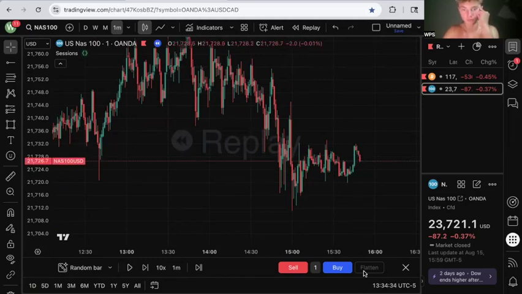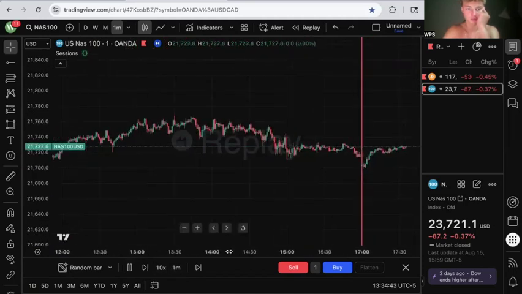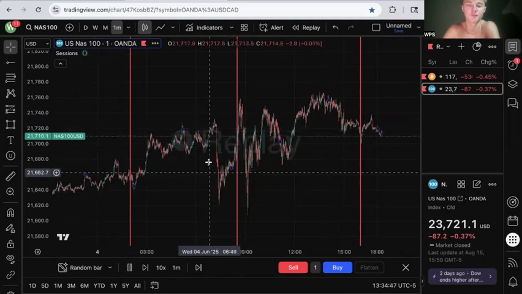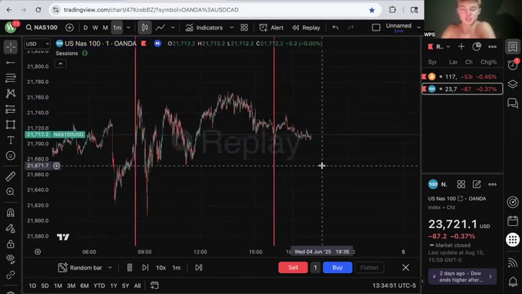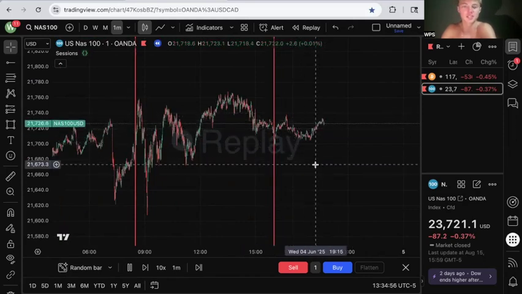Hold up. So price is going kind of everywhere: manipulation, reversal, and Tokyo session just seems to be winding down. I don't know where exactly it's going.